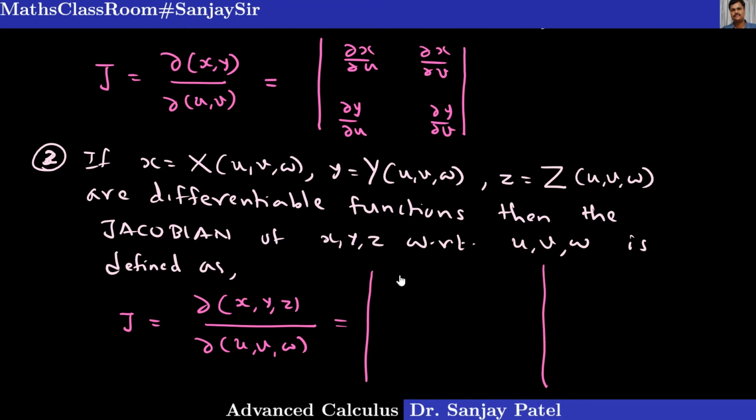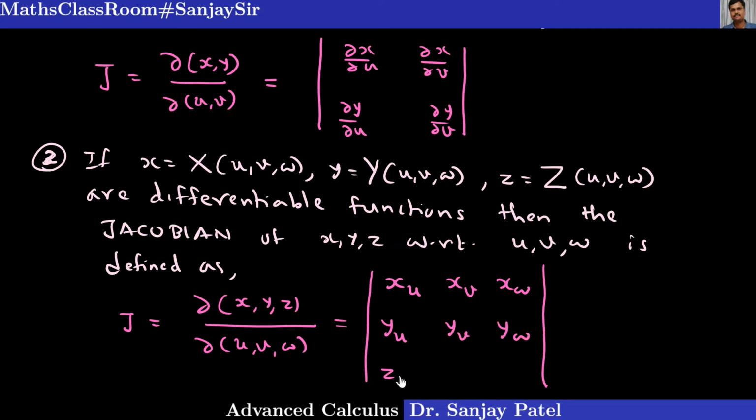In the first row we write delta x by delta u, delta x by delta v, the derivative of x with respect to all three variables u, v, w. I will write another notation as a compact form: x_u, that is delta x by delta u, x_v and x_w. The second row is delta y by delta u, delta y by delta v and delta y by delta w.